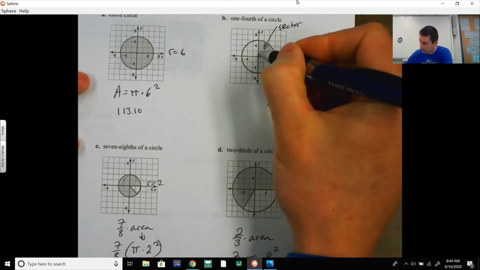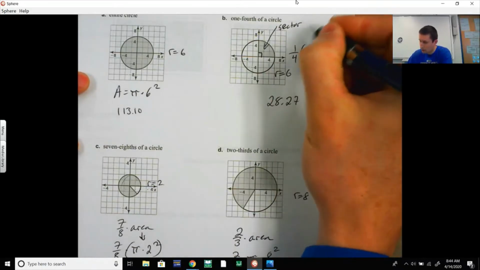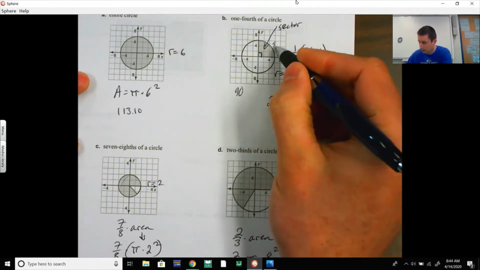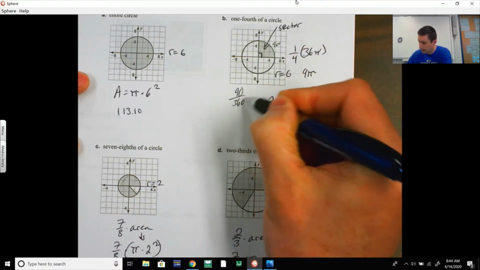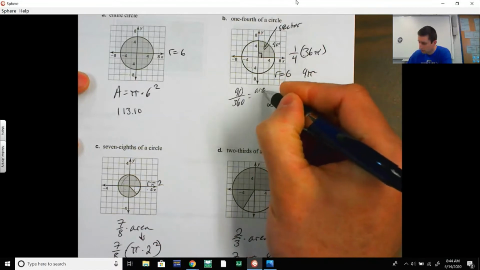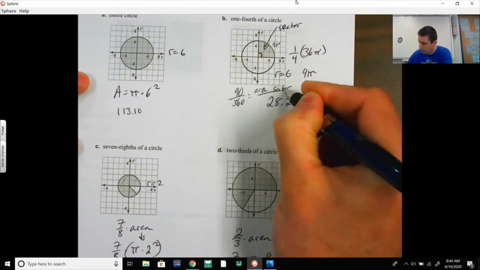Here, this is 90 degrees. If you take the ratio of the angle, so this arc is 90 degrees, that over 360 has to equal the area of the sector over the area of the circle.